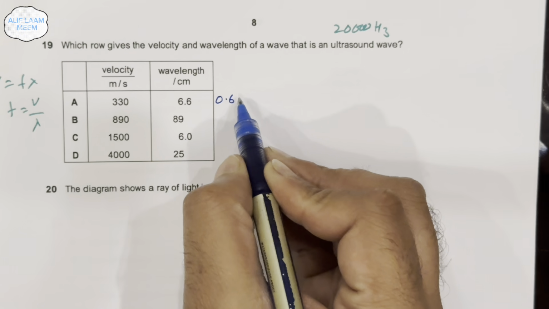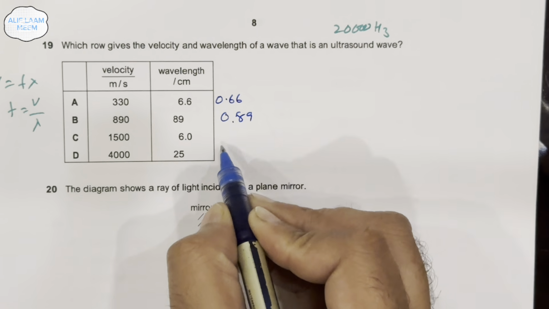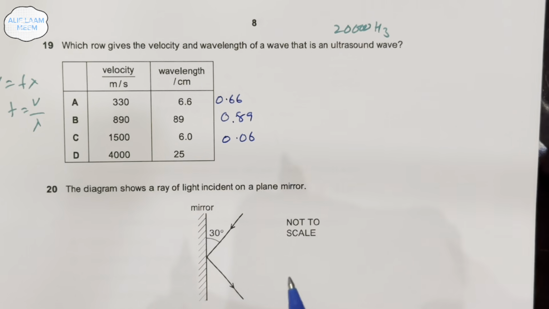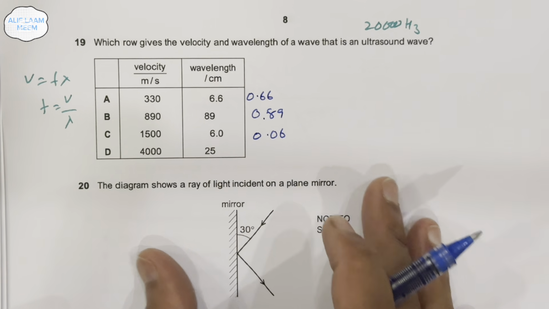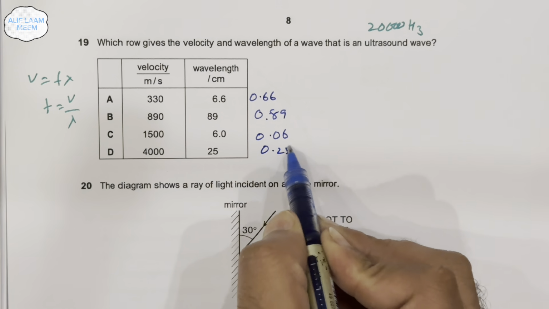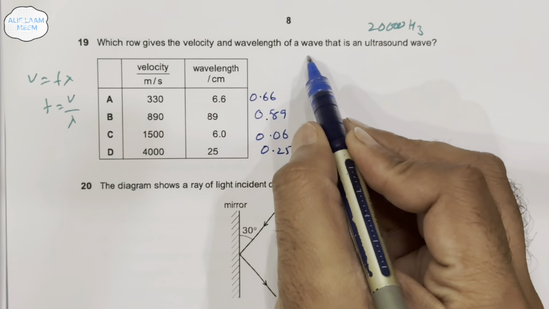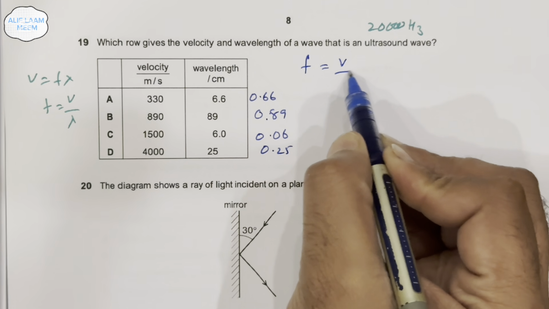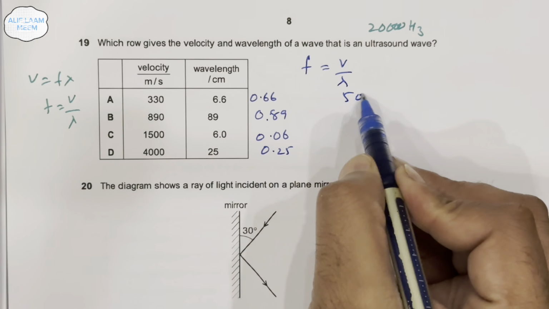So it would be 0.66, and it would be 0.89, and this would be 0.06, and this option would be 0.25. So our formula is f equals v by lambda. Divide 330 by 0.6, it would be 5,000.